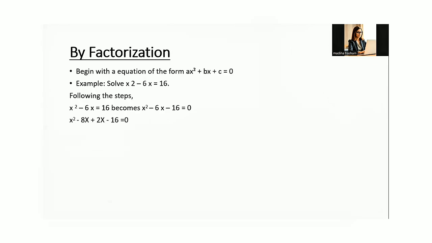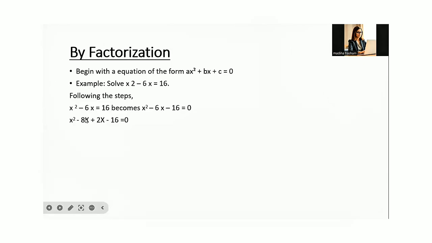Okay, now split minus 6x into factors. And how can we split it into factors? When you multiply x square with minus 16, it will be minus 16 x square. Remember, minus 16 x square.